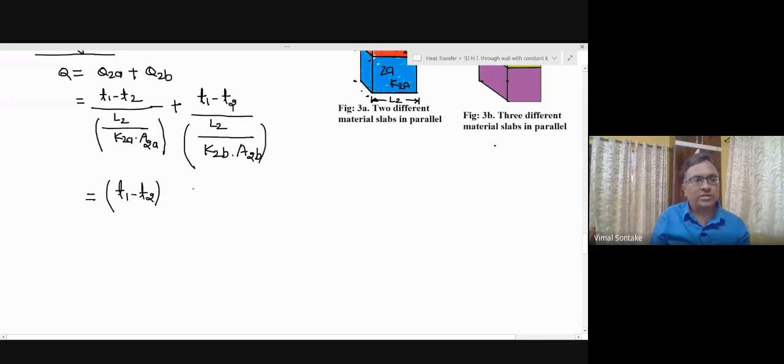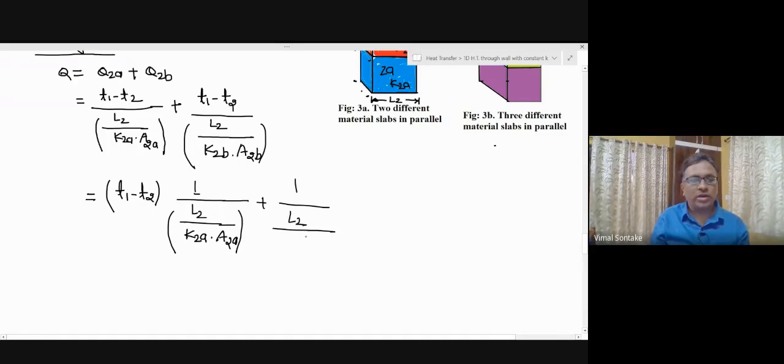Now how can I write this? 1 over L2 over K2A into A2A, that is the area of wall 2A normal to heat flow, plus 1 over L2 over K2B A2B, that is the area of material 2B normal to heat flow. The entire term is multiplied by T1 minus T2.